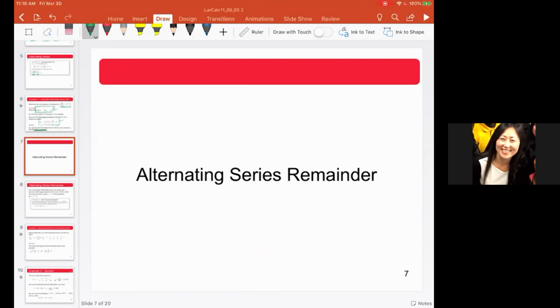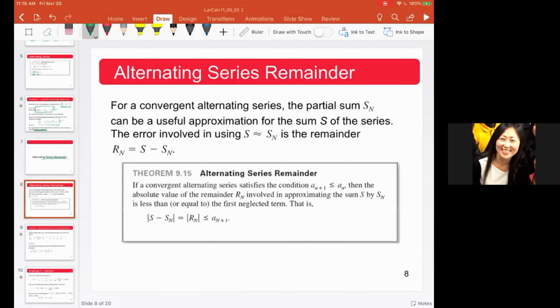Next one, alternating series remainder. So I want to know what my remainder is. So this is what this is about. For a convergent alternating series, the partial sum, which I call S sub n, can be used as an approximation for the sum S of the series.